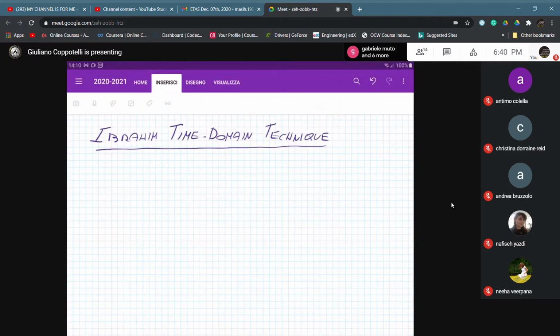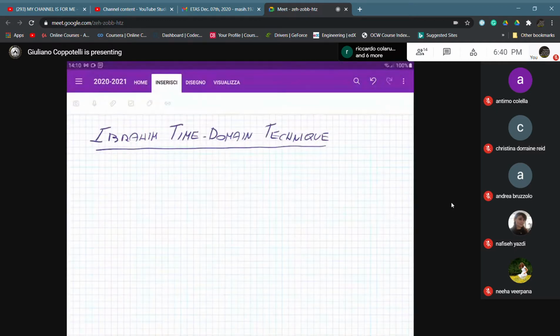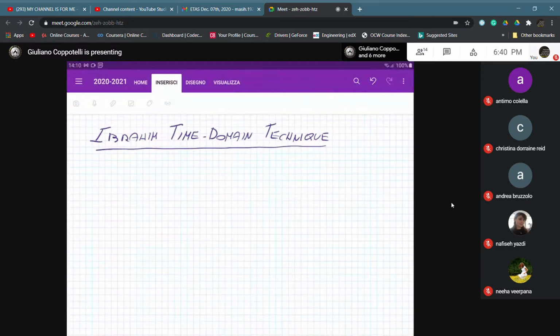Then we can add, if desired, some zeros, so we can use the zero padding technique, and then we apply the proper windowing function, and then we move to the frequency domain just by taking the Fourier transform. Okay, that is generally the steps that are followed. So just before the Fourier transform, we have the windowing function to reduce the leakage.